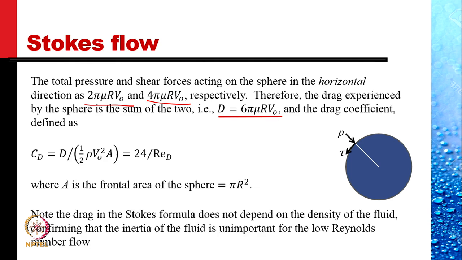Note that the drag in the Stokes formula 6 pi mu R V naught does not depend upon the density of the fluid, confirming that the inertia of the fluid is unimportant for the low Reynolds number flow, where the inertial terms were dropped from the equation. And that's why the density does not occur in the formula for drag.